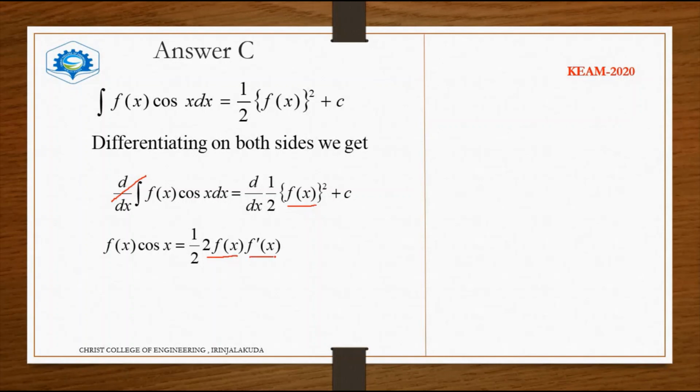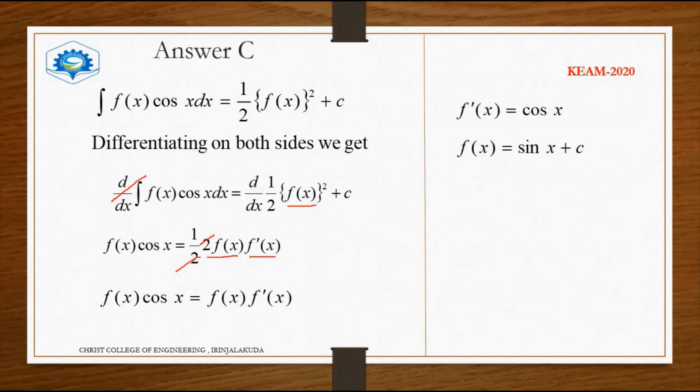So it is f dash of x. Now cancel the common terms, so 2 in the numerator and 2 in the denominator. Now after comparing both left hand side and right hand side, we will get f dash of x as cos x.